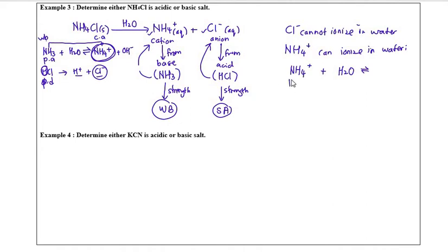That means it is acidic. So if this is an acid, that means it is a proton donor. If it is a proton donor, it loses 1 H from NH4+ and becomes NH3. Since this has become the proton donor, the other will be the proton acceptor, so it will accept 1 H.